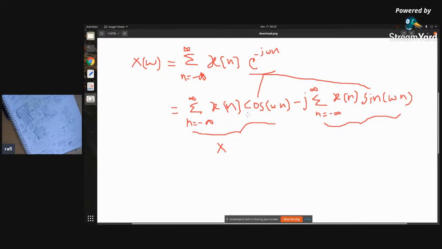Assuming that x of n is always real, the first is the real part, xr of omega, and the second is the imaginary part, xi of omega, including the minus sign. So X of omega is xr of omega plus j xi of omega. In the imaginary part the negative sign is there, so don't forget that.